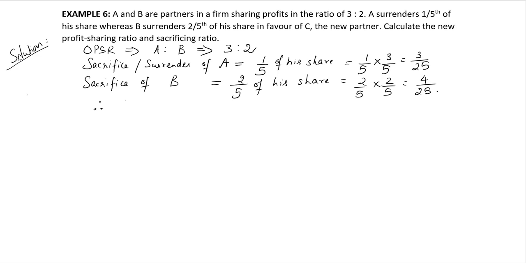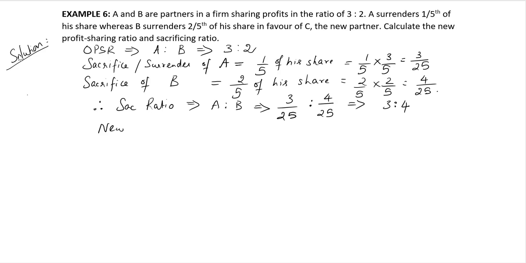Therefore, the sacrifice ratio between A and B, the ratio of the sacrifice, will give the sacrificing ratio. So the sacrifice of A is 3/25 and the sacrifice of B is 4/25. Therefore, the sacrifice ratio is 3 is to 4.